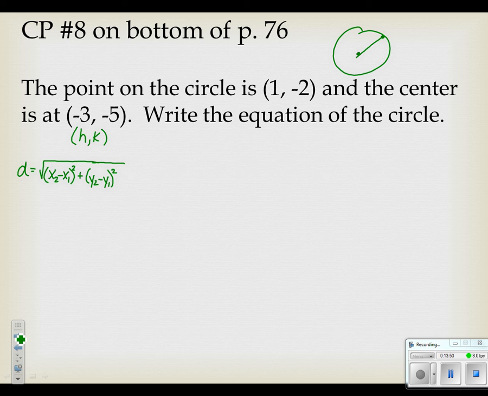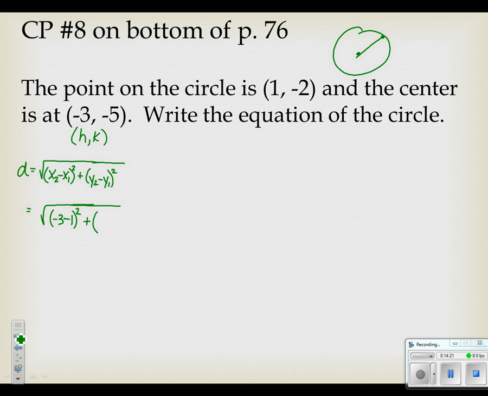Let's start with that. Whoops, that's y, sorry, back up. Let's do that again. x sub 2 is -3, which means that x sub 2 just simply means the x value of the second point. And we want to subtract the first x, which is a 1, and we want to square it.